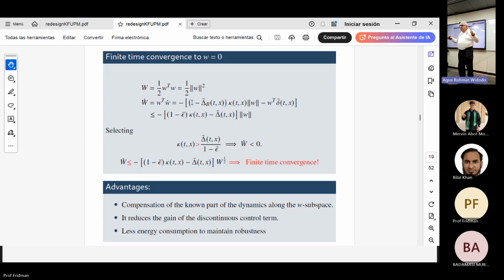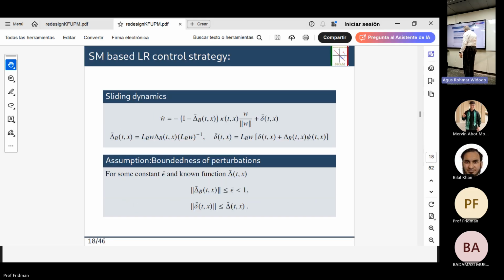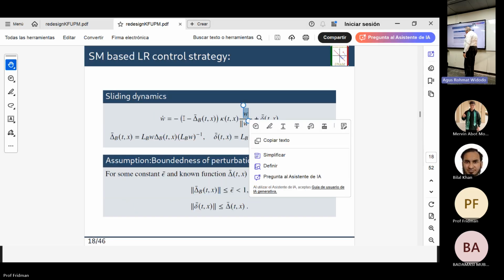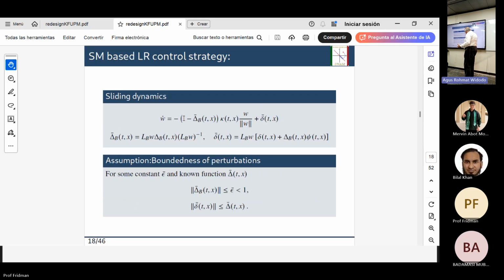So if you use a unit controller, what you are doing? My controller works like W divided by norm of W. If just one coordinate does not go to zero, all of the control will not go. So is it good for us? For sure it is not good for this case. That is why we should consider another option.